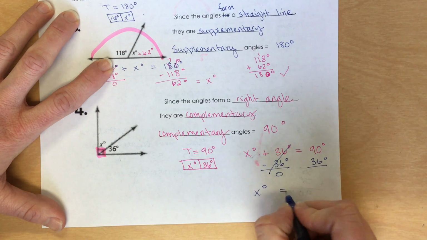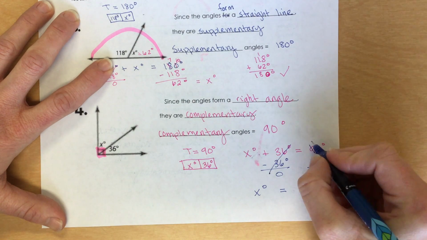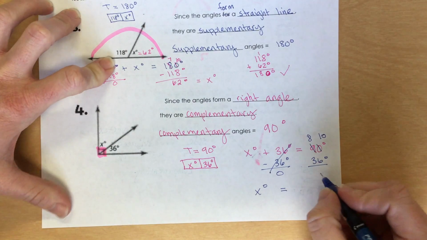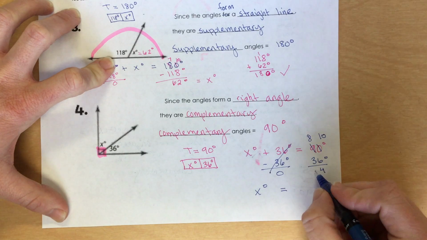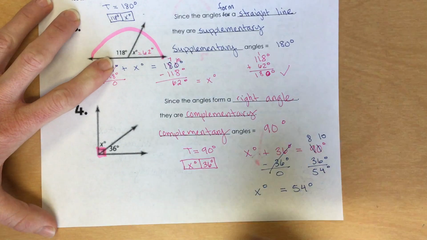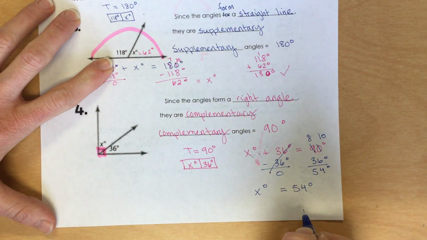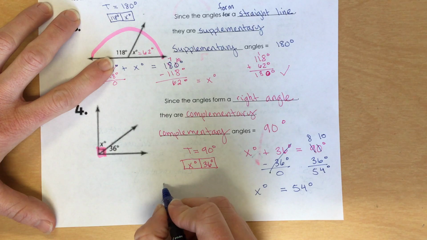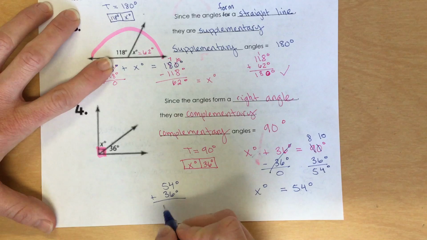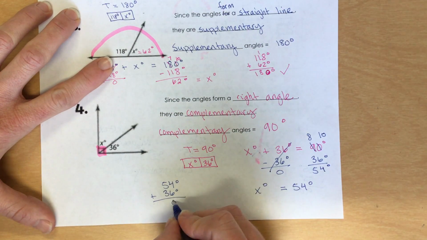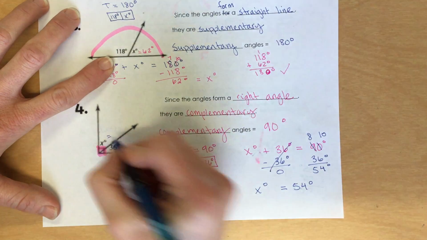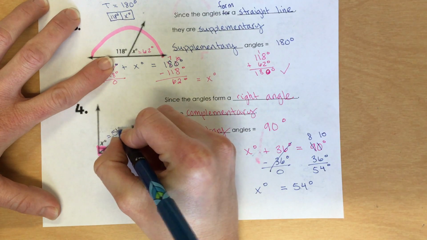Bring down your x equal to... So x should be equal to 54. Let's double check. If I do 54 degrees plus 36 degrees, that should equal my 90. It works. So my x is equal to 54.